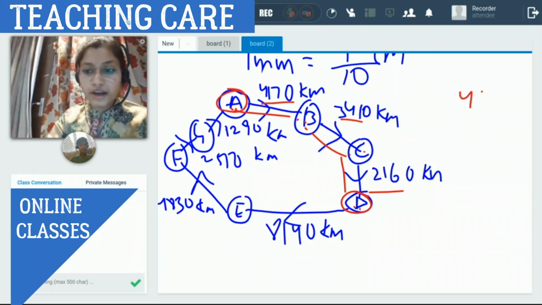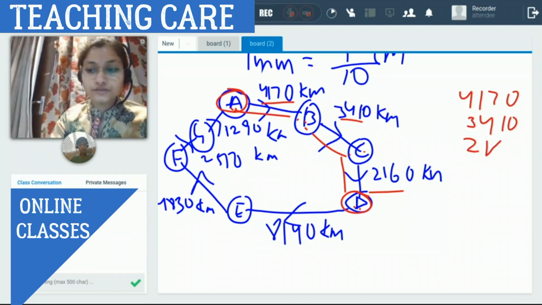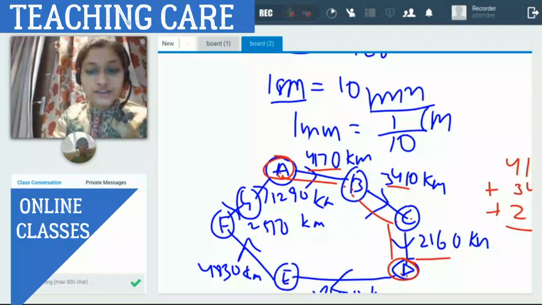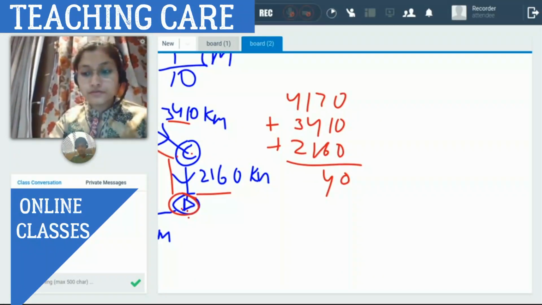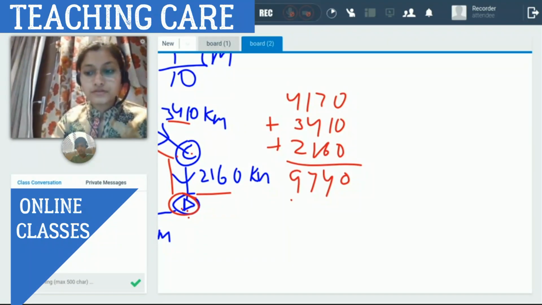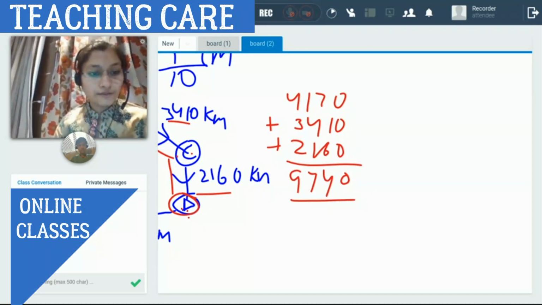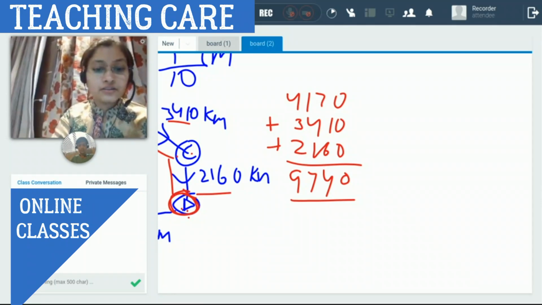No, let's add it up. 4170, 3410, 2160. All three have to be added up. It would be 9740 kilometer.